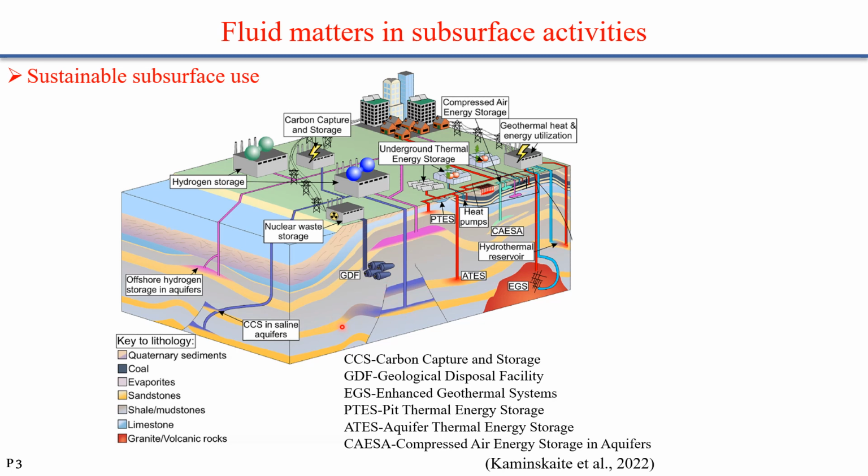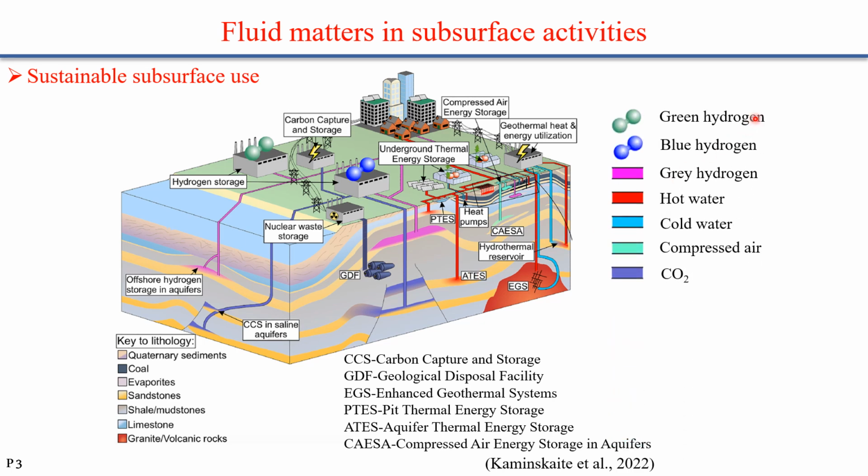Here in this slightly complex figure, it shows us that we have various ways of utilizing the subsurface for sustainability and decarbonization. I'm going to assume that you have the basic knowledge about contemporary sustainable subsurface use, basically including geoenergy extraction and storage.